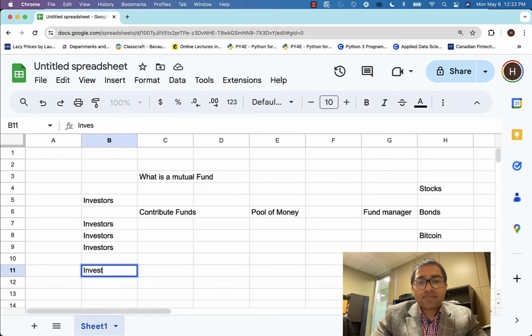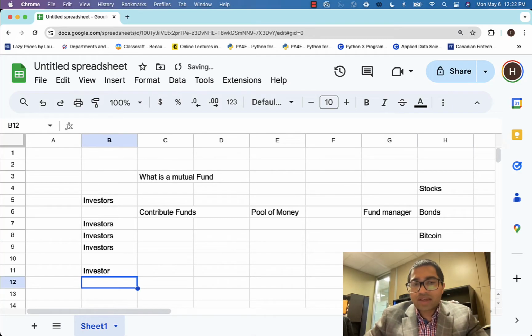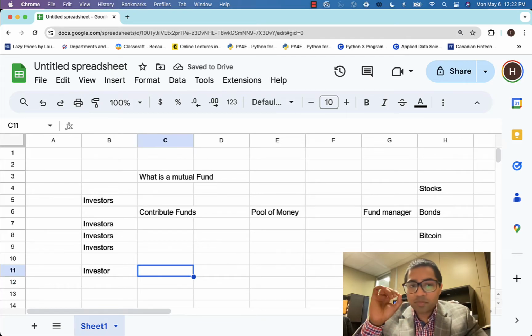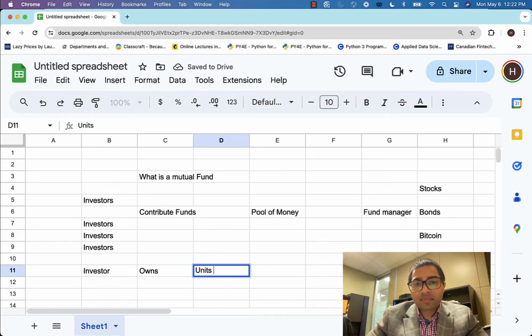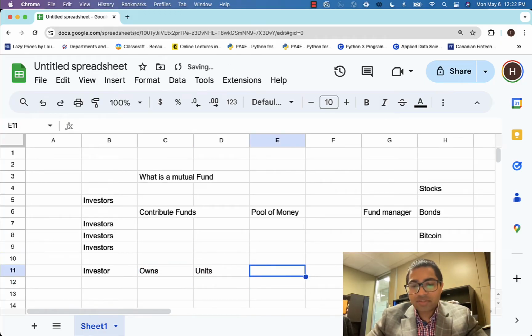When an investor invests in a mutual fund, an individual investor owns units. These units are based on his investment divided by the total investment that the fund had.